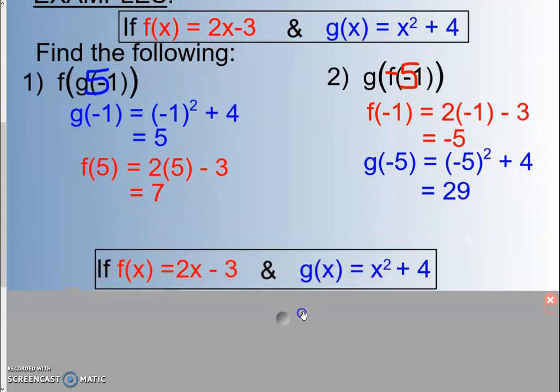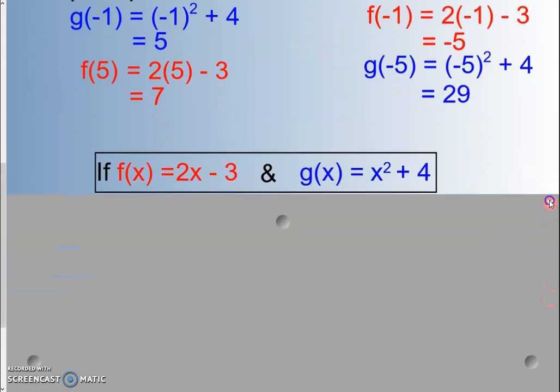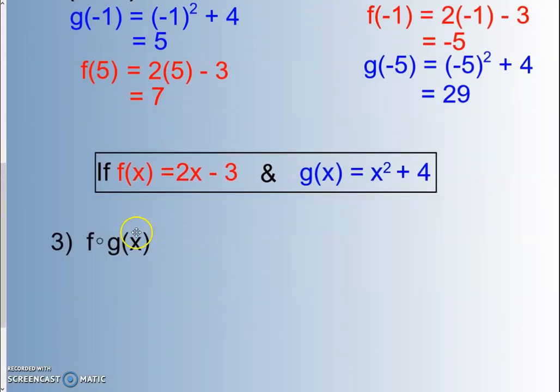Now, let's take a look at the same functions, but this time instead of dealing with a very specific value, let's deal with just x. So let's take f and compose it with g of x. Let's keep it a generic x instead of a very specific one. So we're going to do f of whatever g of x is. Well, g of x is x squared plus 4.